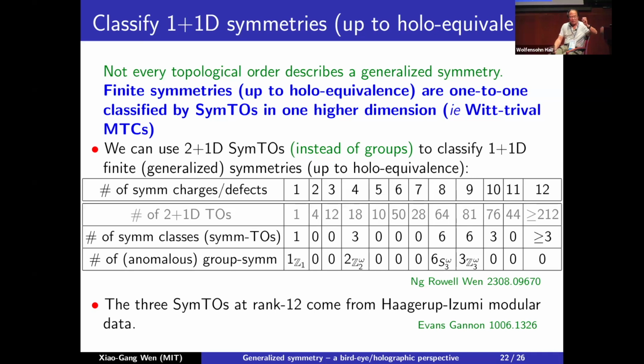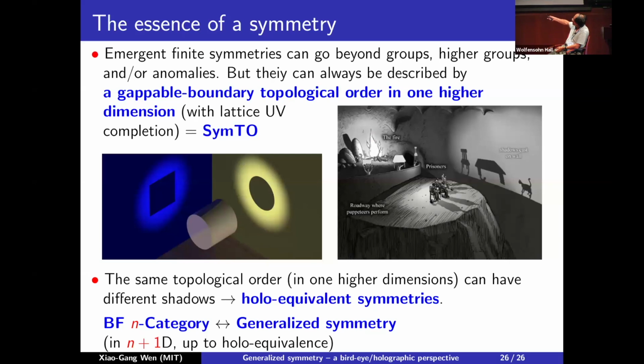One is the anomaly-free Z2 symmetry. There's an anomalous Z2 symmetry. That's 2. So the third one is a new one, which is neither an anomaly-free Z2 nor an anomalous Z2 symmetry in 1D. The third one is actually given by the double Fibonacci model.